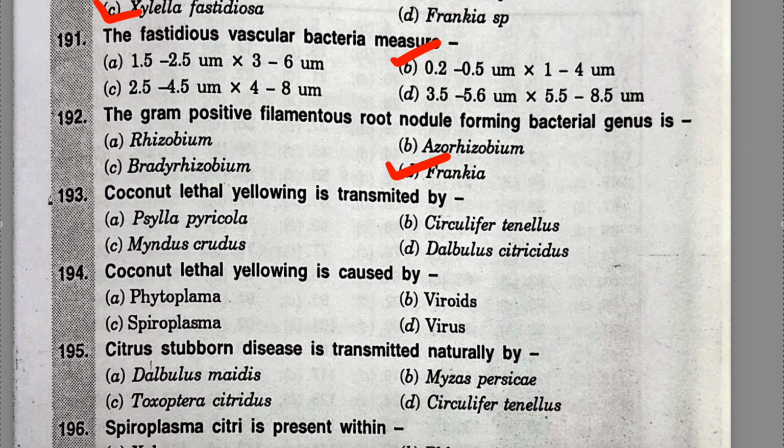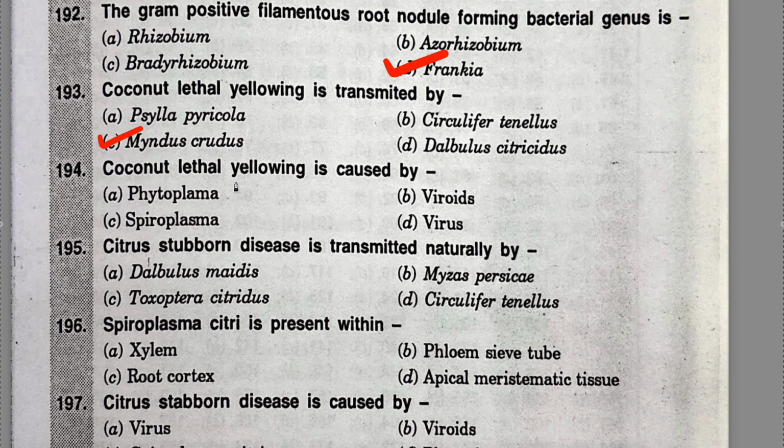193. Coconut lethal yellowing is transmitted by Scilla pyricola, Cerulifera tenuis, Myndus crudus, or Dulbulus citricidus. The answer is option C. 194. Coconut lethal yellowing is caused by phytoplasma, viroids, pyroplasma, or virus.